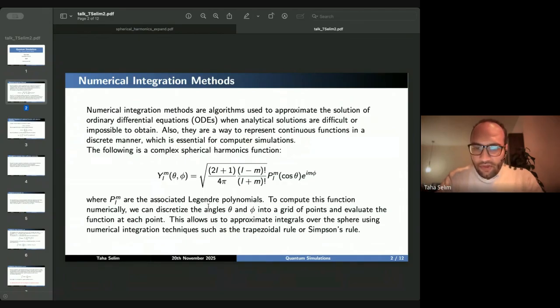We are going to explore the meaning of spherical harmonics and how we can use them to represent the different molecular orbitals, but also to have a way to define or represent data that are given to us distributed on a sphere. And spherical harmonics is a famous function that can do this.